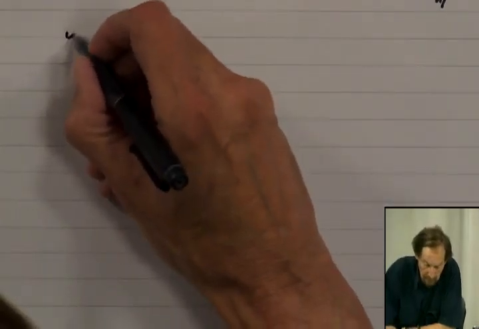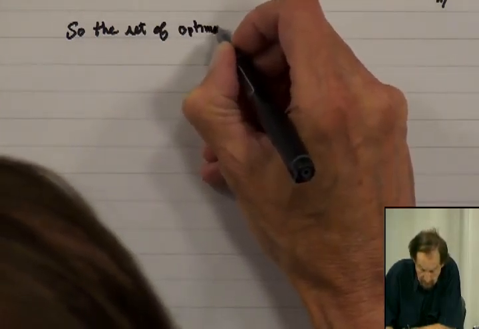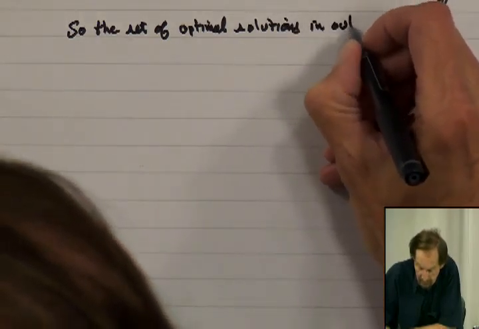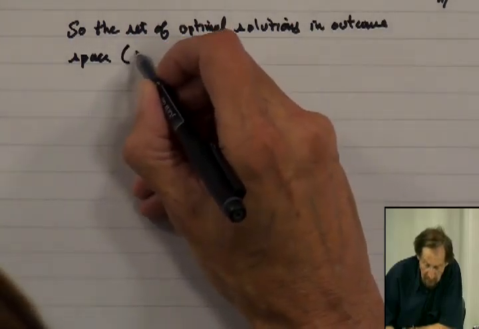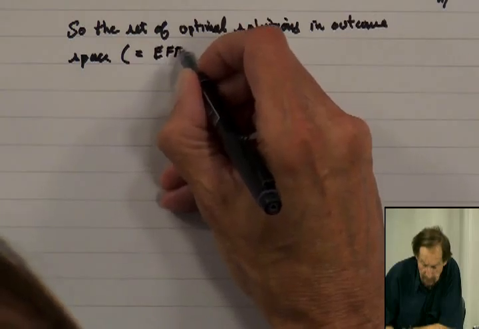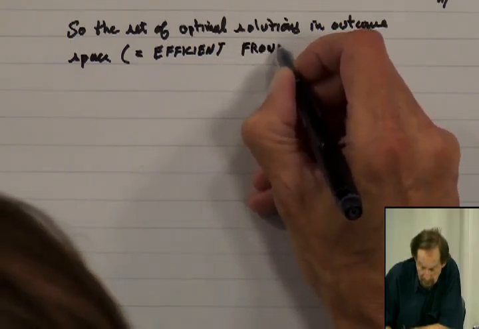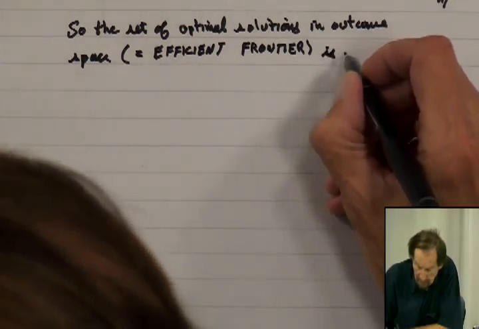So what do we have? So the set of optimal solutions in outcome space equals what we call the efficient frontier, is as follows.